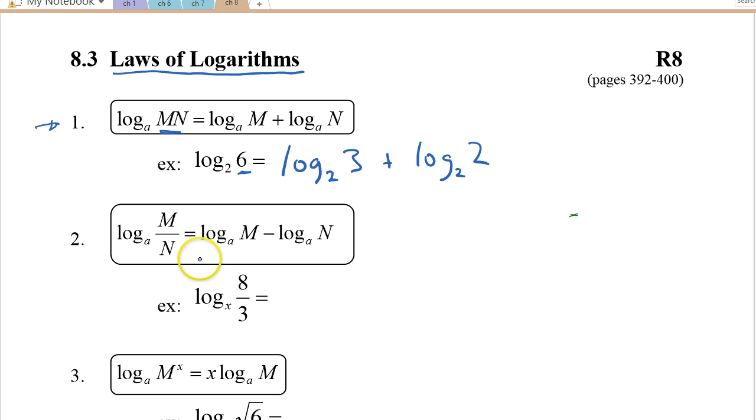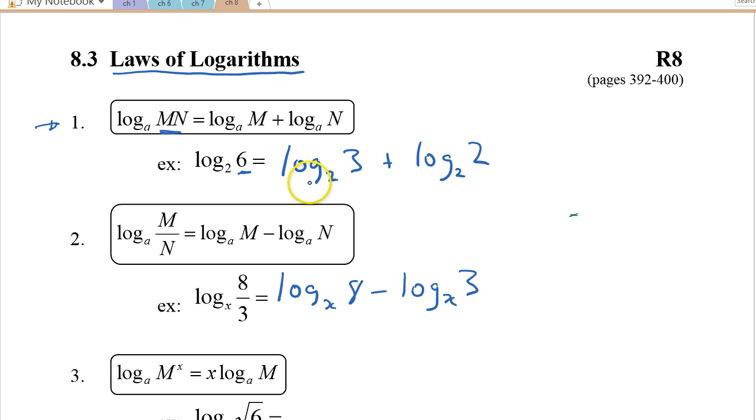What could we do here? If we're going to be dividing, we can subtract the logs. So this would be the same thing as log base x of 8 minus log base x of 3. It's the same idea.